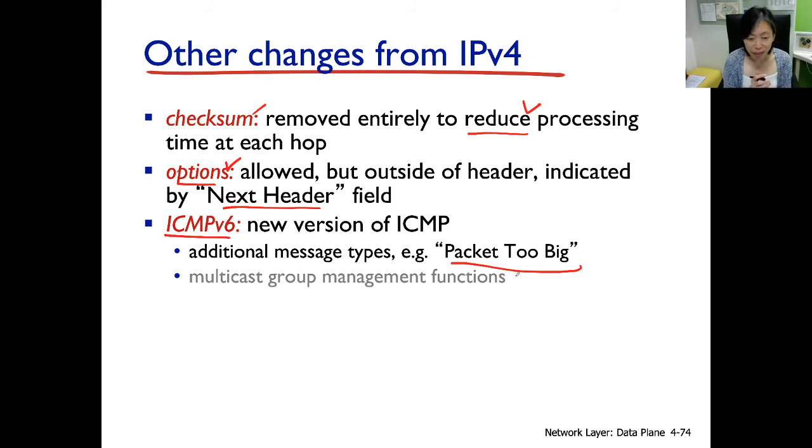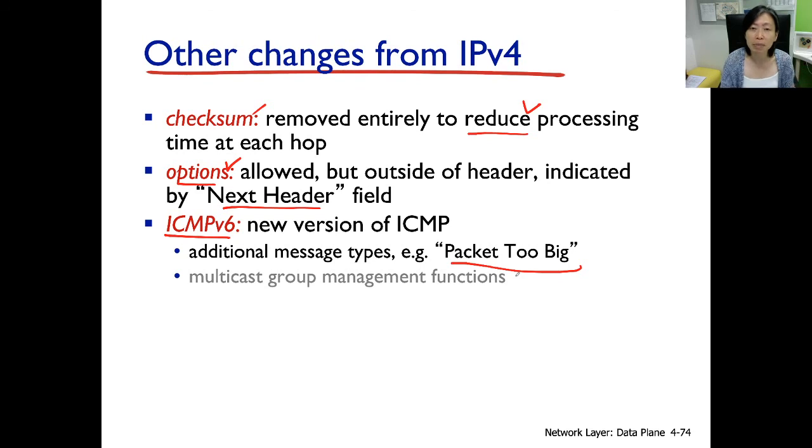Allow me to elaborate. Now we don't have fragmentation and reassembly. The fact that some of the links on the internet allow a smaller MTU is still there. So what if we have a big datagram coming to a router and the next link has a smaller MTU, but we cannot fragment this datagram anymore? What should the router do? What can the router do?